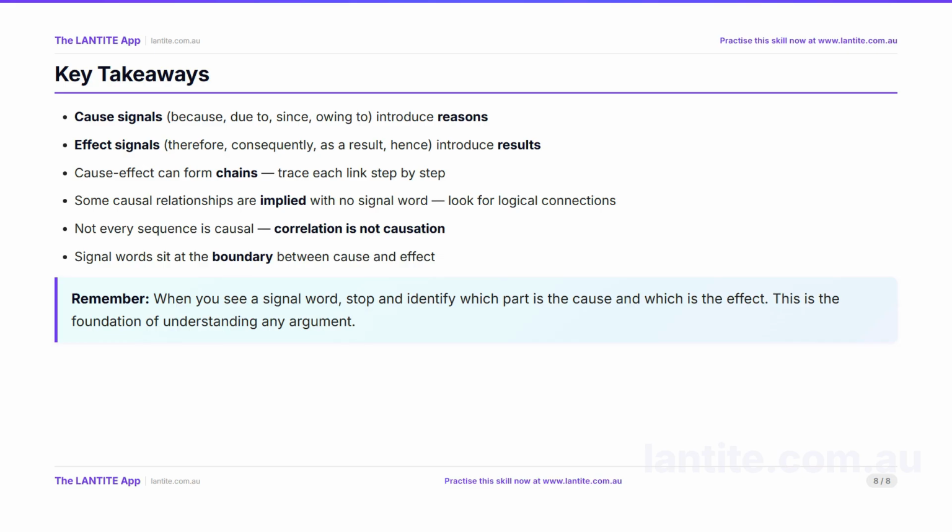And remember, not every sequence of events is causal. Just because A happened before B does not mean A caused B. Signal words sit right at the boundary between cause and effect, so when you spot one, stop and identify which part is the reason and which part is the result. This skill is the foundation of understanding any argument or explanation.